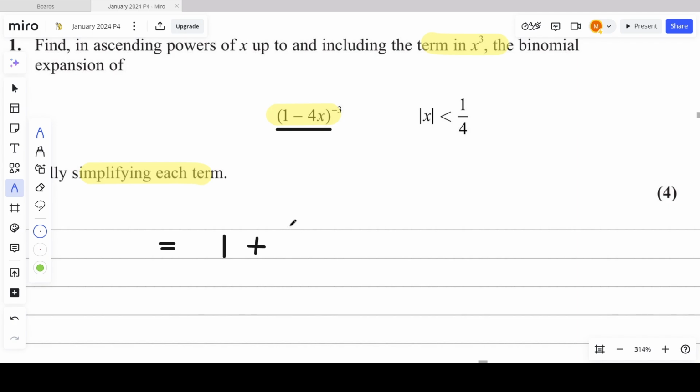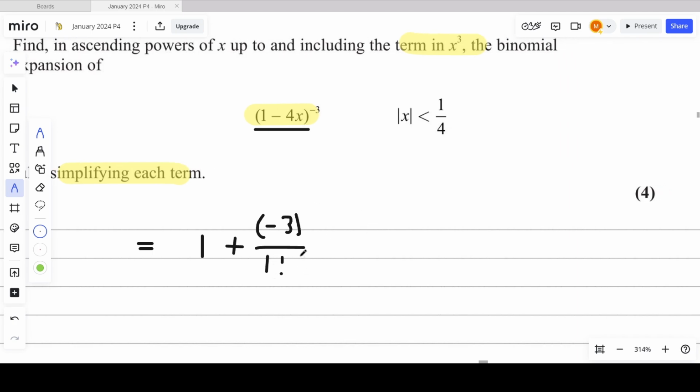In the second term, what would be the combination? It will be negative 3 at the top, and on the denominator 1 factorial. Since it is 1 factorial, the power of the second term, negative 4x, would be 1.